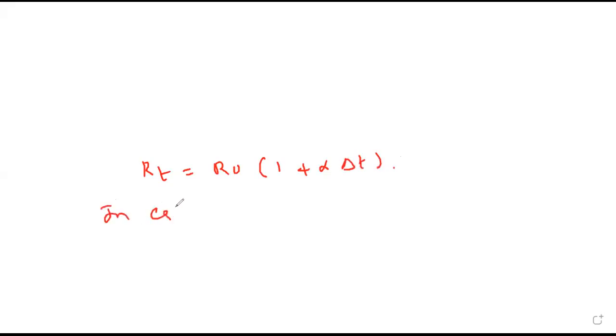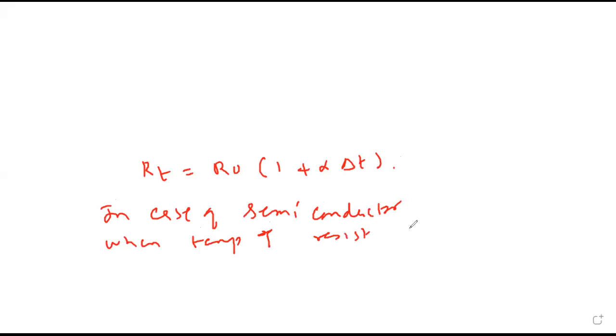In case of a semiconductor, when temperature increases, resistance decreases. What does it mean? I should have resistance at higher temperature R naught minus R naught alpha delta T. That means alpha is minus, resistance cannot be minus. Follow meaning?